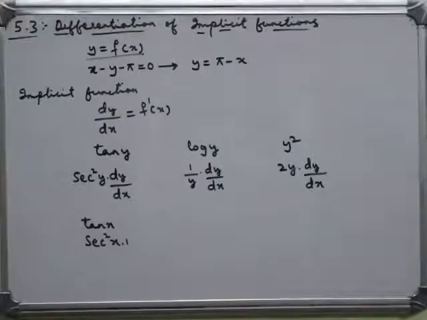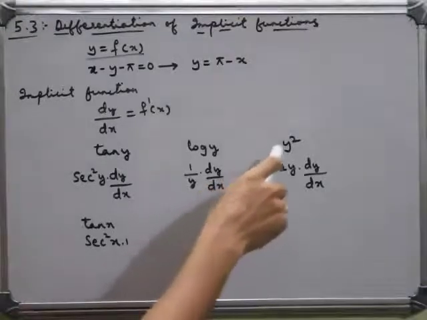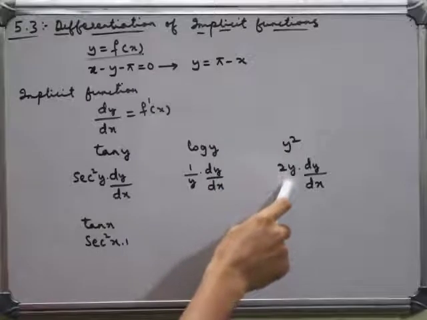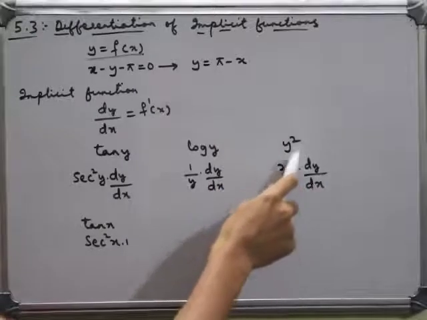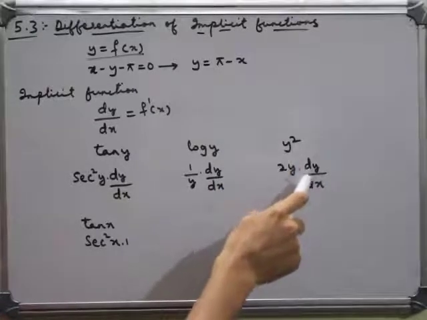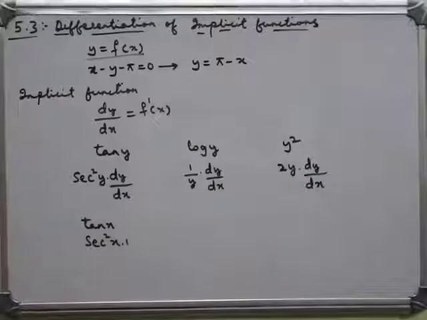If we use that formula, differentiation of x square will get 2x. Now differentiation of y square is 2y into, differentiate this y term, 2y into dy by dx. Okay, this is the concept, how to write the derivative of implicit functions. I hope you understood this concept.